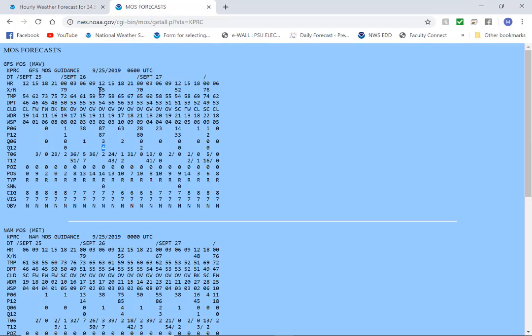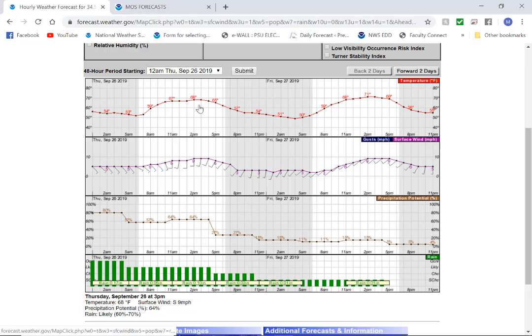We're looking at a low of about 54, 55, and we're looking at a high of just below 70. And I wouldn't be surprised if there's a little bit of peaks of sun that come out and we actually tip the bucket to hit 70. However, with the amount of rainfall in the forecast, if it's not raining all day, it certainly will be cloudy throughout most of the day.